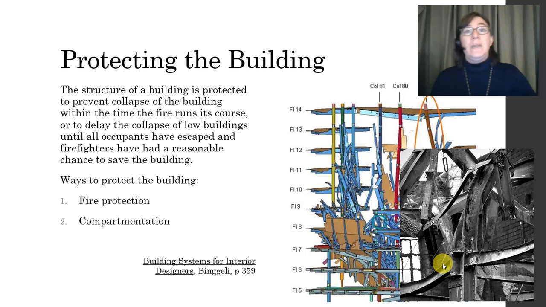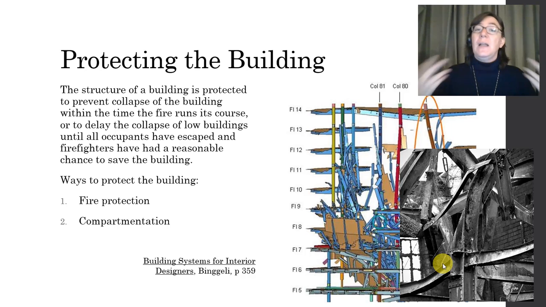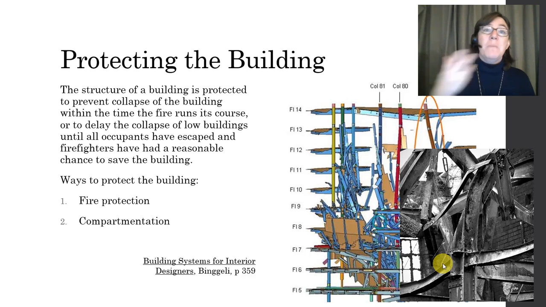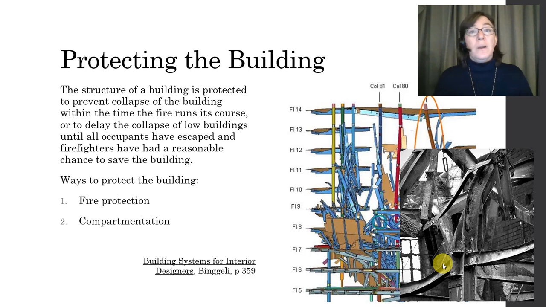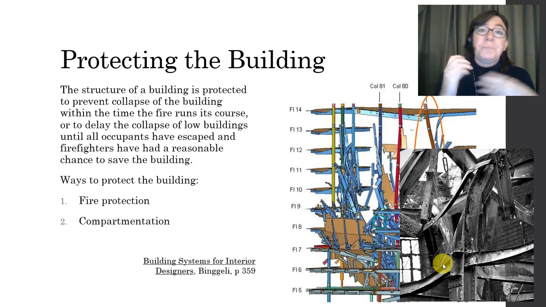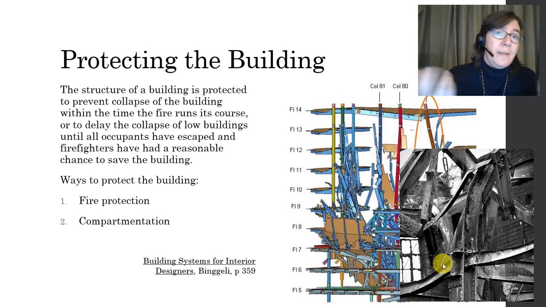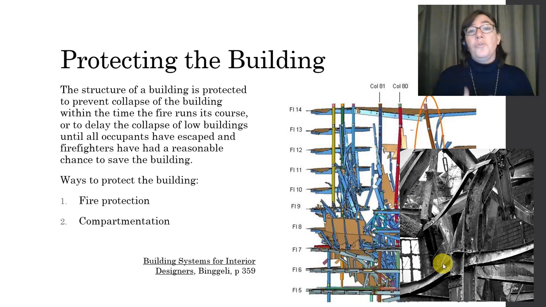So we need to protect the structure to prevent collapse of the building while the fire runs its course, or to at least delay the collapse until everybody has had time to get out and firefighters have had a reasonable chance to help everyone get out and to save the building. And the big example that everyone thinks of here is the World Trade Center.